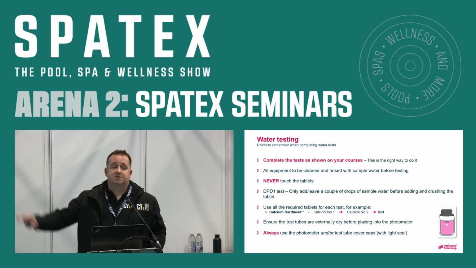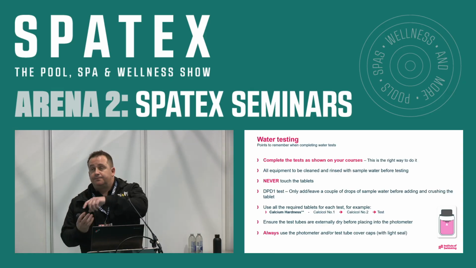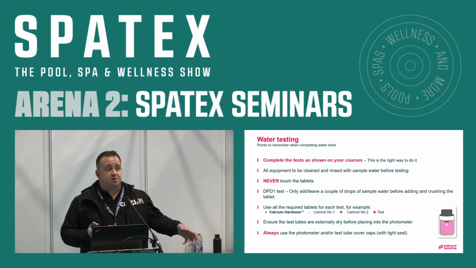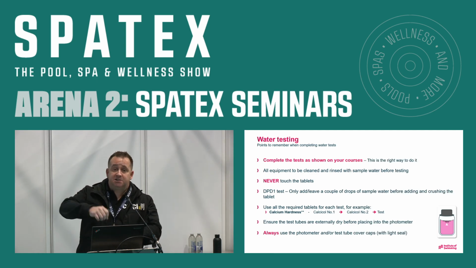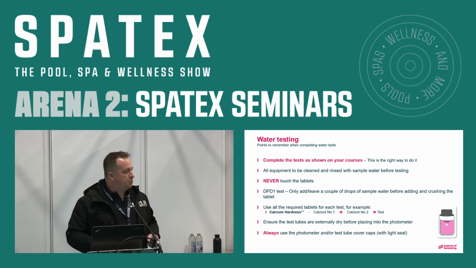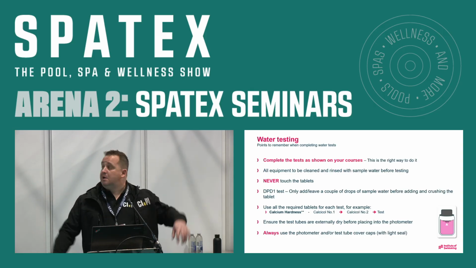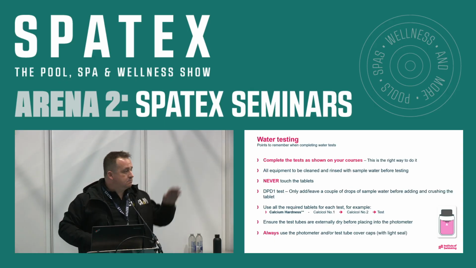Okay, make sure the units are nice and dry, and then again the sample slot on the photometer. I've picked these up numerous times and poured water out of them, because people are putting wet test tubes into the machine, so always dry them off before and after use. And make sure the cover caps are on as well. The Palintest, for example, has a black rubber top hat that goes on top.